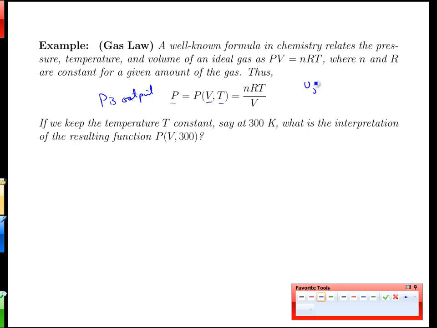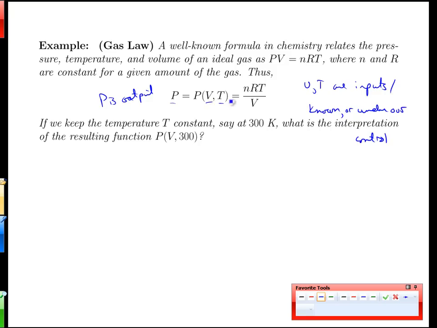And V, T are the input variables, and under our control, are known. That's typically how we interpret the input. We know what we can set V and T, or we know what they are, and we're calculating P as a result of knowing those two values.